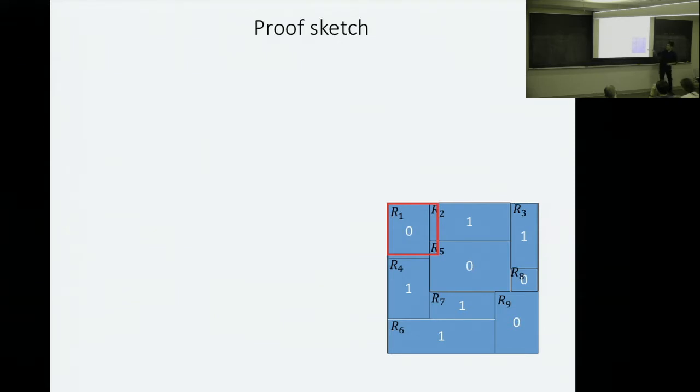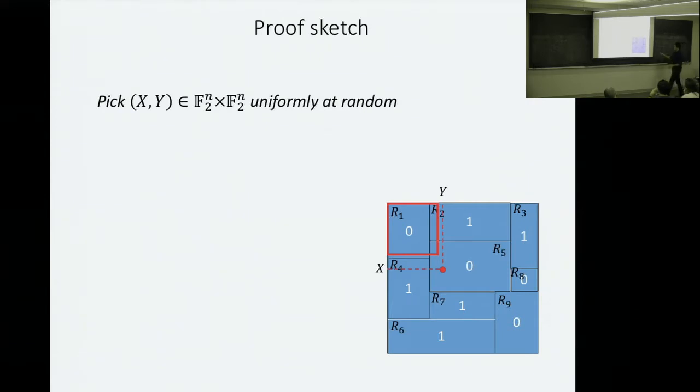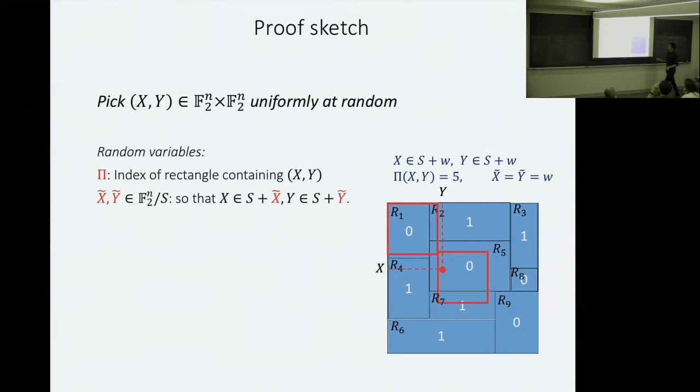Okay, so now let's say our matrices are indexed by rectangles: rectangle 1, 2, 3, and so on. I define a random variable. I pick a random row and a random column, so a uniformly random point in the matrix, independently. So these are my random variables. By pi, I mean the index of the rectangle that contains my random point.